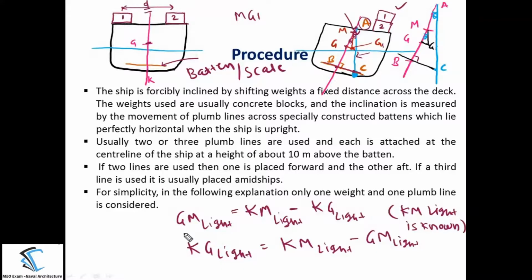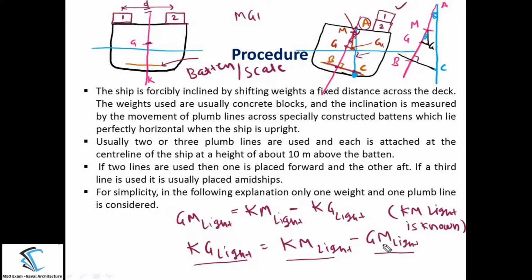Now we know that GM light is equal to KM light minus KG light. Our main task is to find out the KG light, that is equal to KM light minus GM light. Just now mathematically we have calculated the value of GM light.